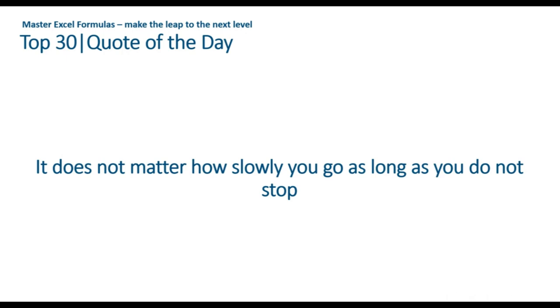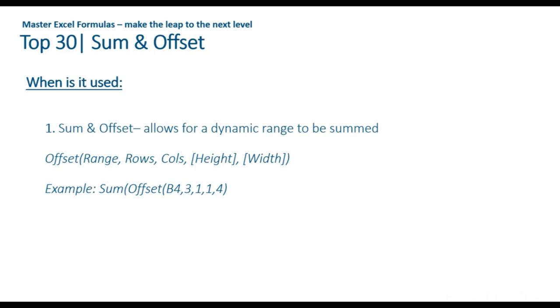So starting with the first set of formulas, this is SUM and OFFSET. This is more like a combination really, because OFFSET is a formula that usually goes with other functions such as SUM or AVERAGE. So what does it do?